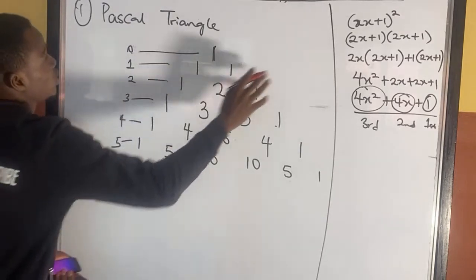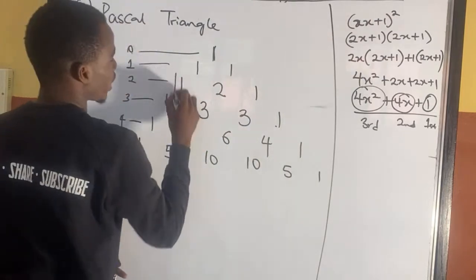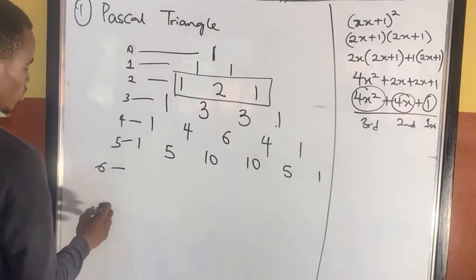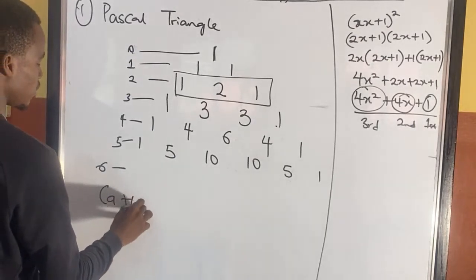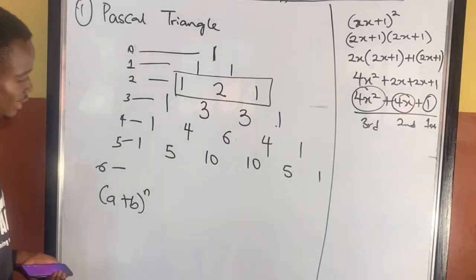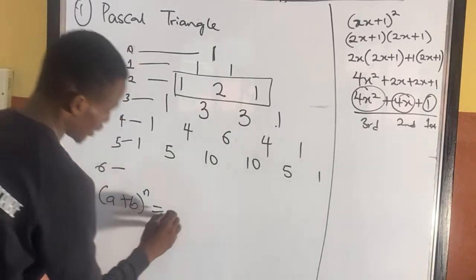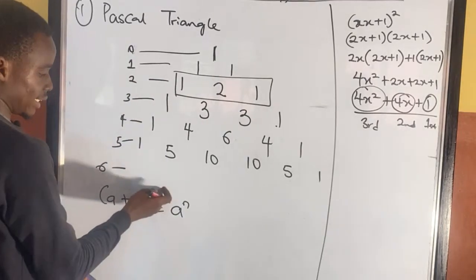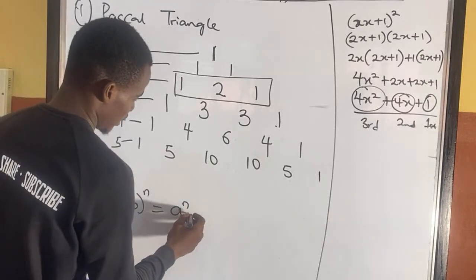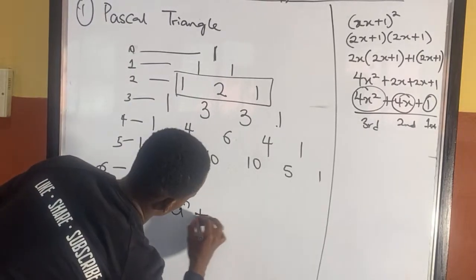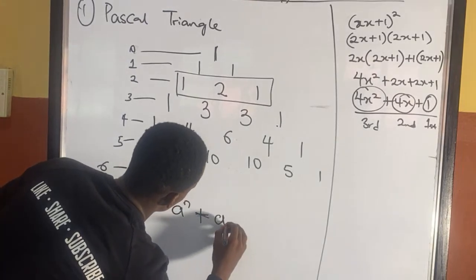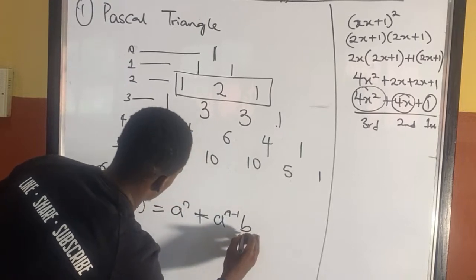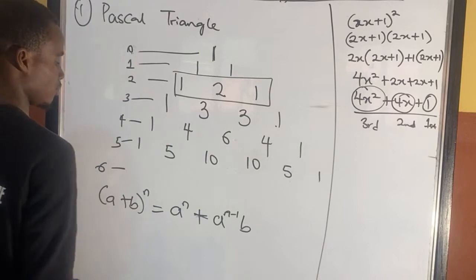We have, based on the question, our power is 2. So we are considering what? This. But that's not all. This formula says that when we have A plus B raised to the power of n, and we want to expand, it is A raised to the power of n, that's this first one here, plus A raised to the power of n minus 1, B raised to the power of 1, which is still B, right?